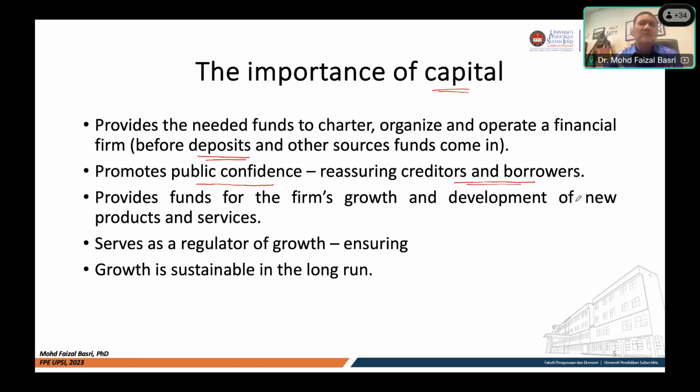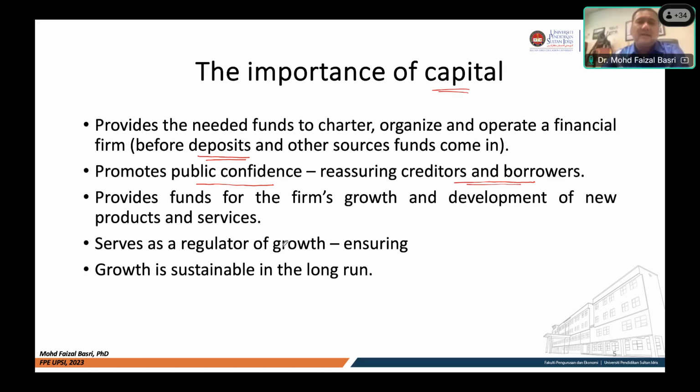So with regards to technology and whatnot. So obviously all of this requires investment, and investment needs funding, needs money. So if they have a very strong capital, obviously they can introduce a lot of things to the customers. And obviously when the customer's happy with the products and services, it will continuously grow in terms of the development of the country, development of the bank.